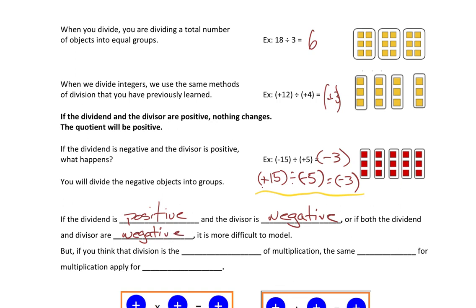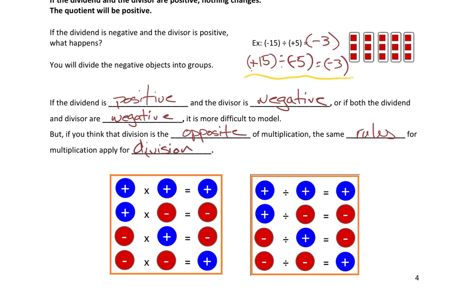But if you think that division is the opposite of multiplication, the same rules for multiplication apply for division. So what I mean by that is that we can then use these rules. And I've put them into a little bit of a graphic to make it a little bit easier. So if we're looking at this, these are the rules that we talked about for multiplication, okay?